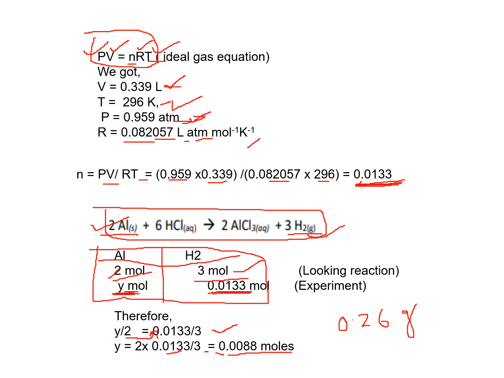And when I did the calculation with the help of this hydrogen mole, I found that all the aluminum that I took was 0.0088 moles. All right, so that many moles of aluminum should be there in that reaction vessel while we are doing the reaction. Alrighty.